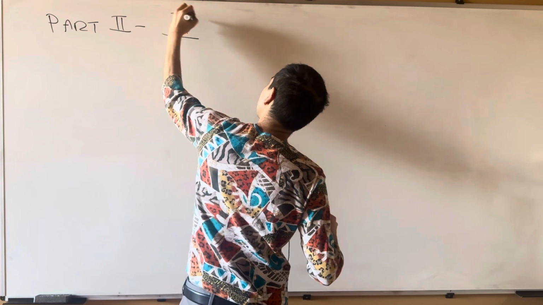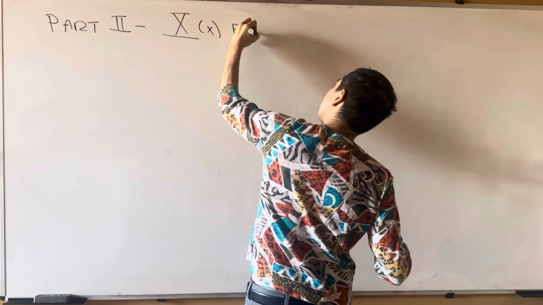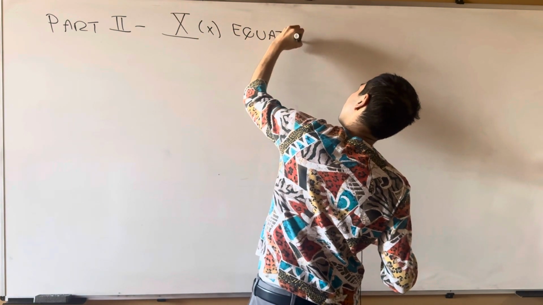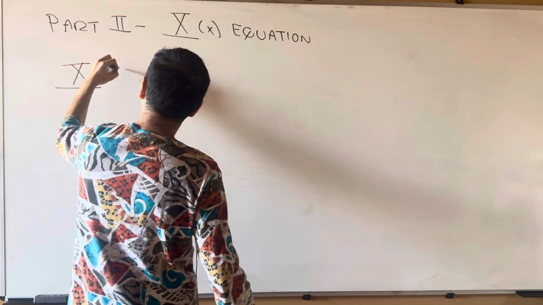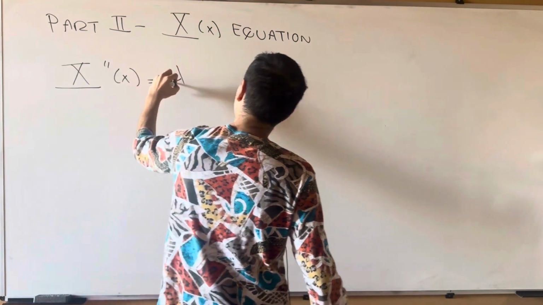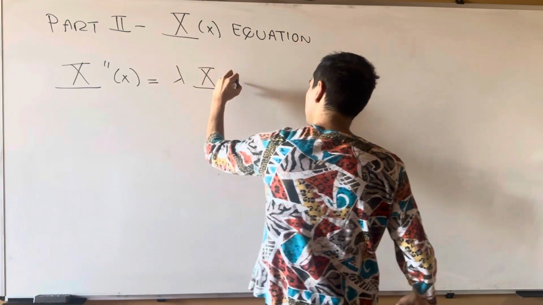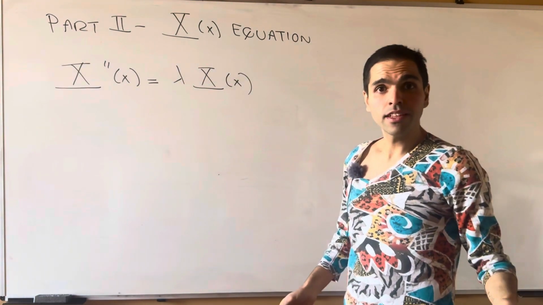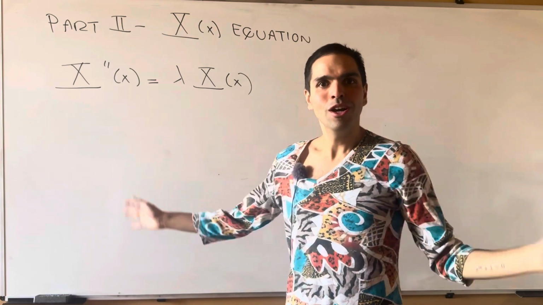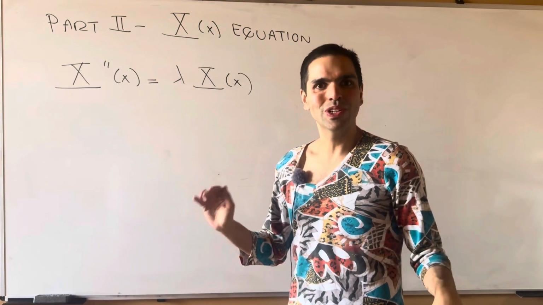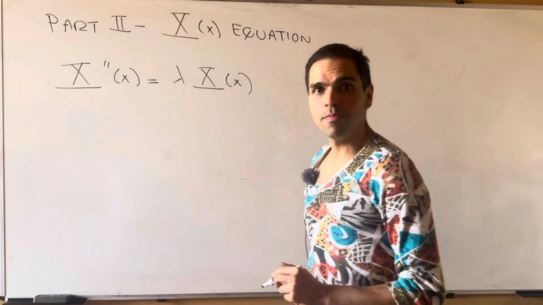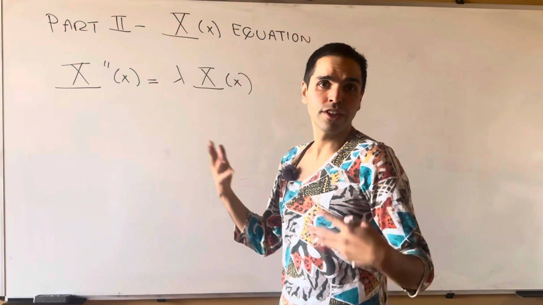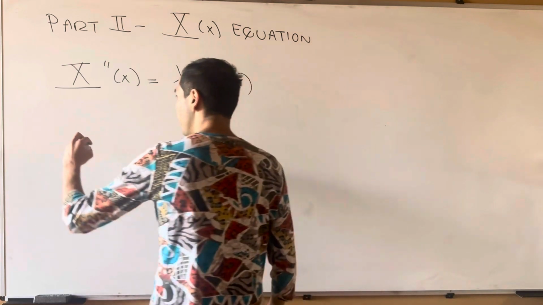So let's focus on the x equation. So far what we have was x double prime equals lambda x. And notice we haven't used any of our boundary conditions or initial conditions. So let's do that now. In particular, let's use the boundary conditions, because they're a bit easier, because they're 0.